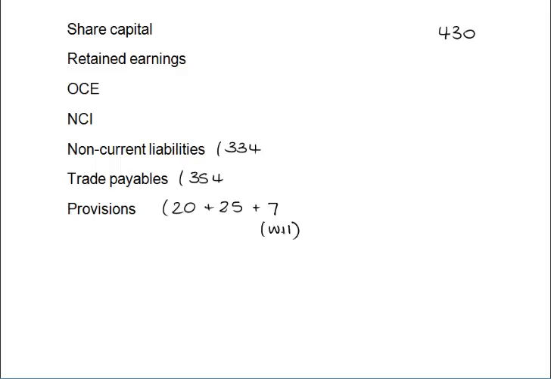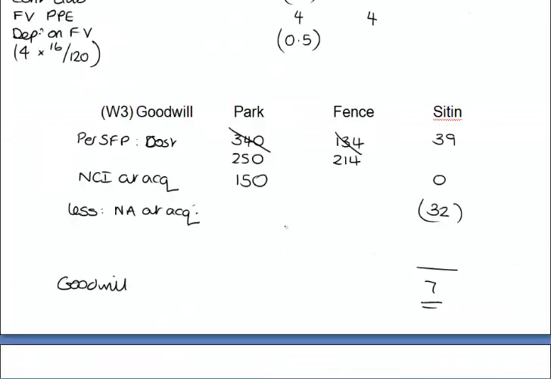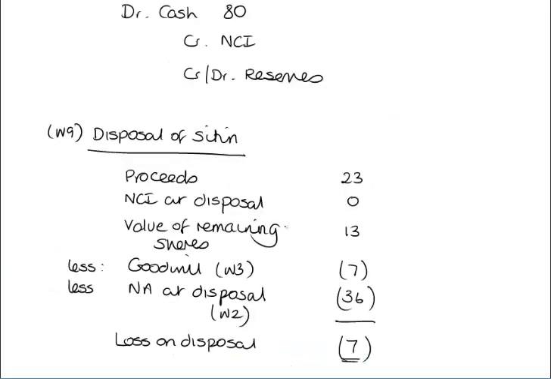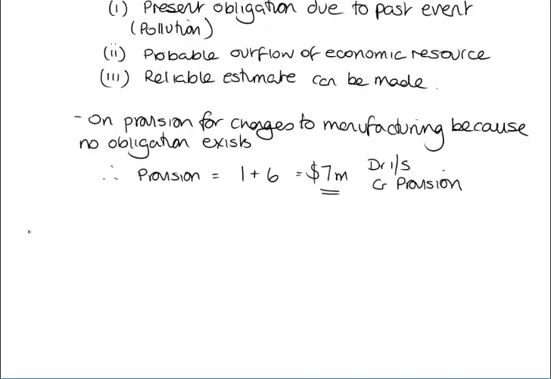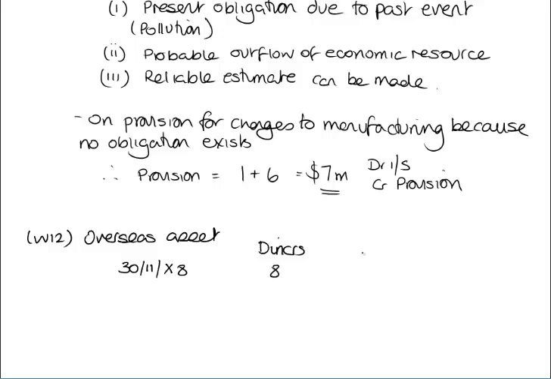So that's note 5. Note 6, we've got an overseas asset. So we're up to working number 12. And at the 30th of the 11th, X8, in terms of dinars, the asset cost 8 million.